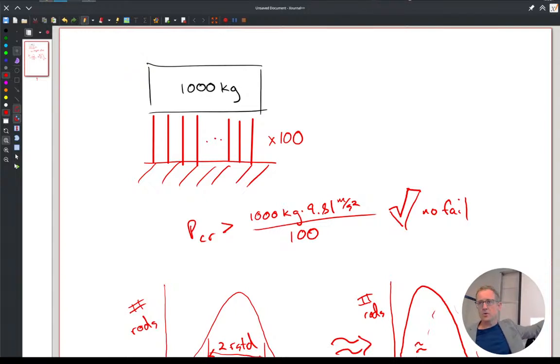That means the total load per rod is like 98.1. So each rod is holding 98.1 newtons. So I want my critical buckling load to be more than 98.1, because that means that when it's holding that structure, it does not fail.